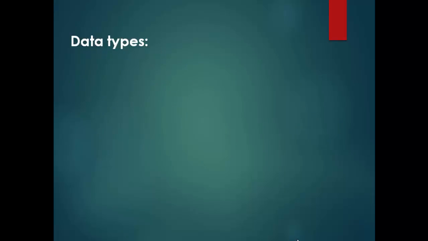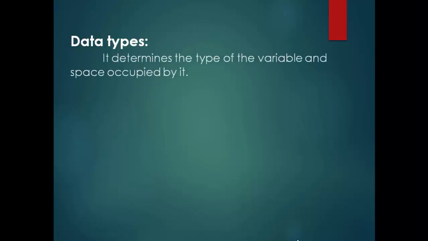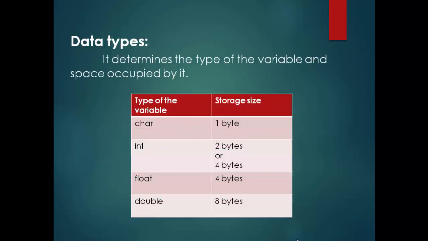Data types define the space occupied by the variable and its type. There are 4 data types which C language uses mostly. They are char, which represents character, int, float and double. So the storage allocation for these data types are shown in the tabular column.